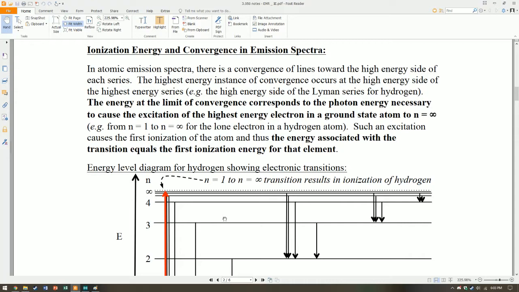That's important because that's the critical wavelength, the critical color. If we know the frequency of that color, we know the energy difference between energy level 1 and infinity. So we know we have to input more than that energy to ionize it fully.